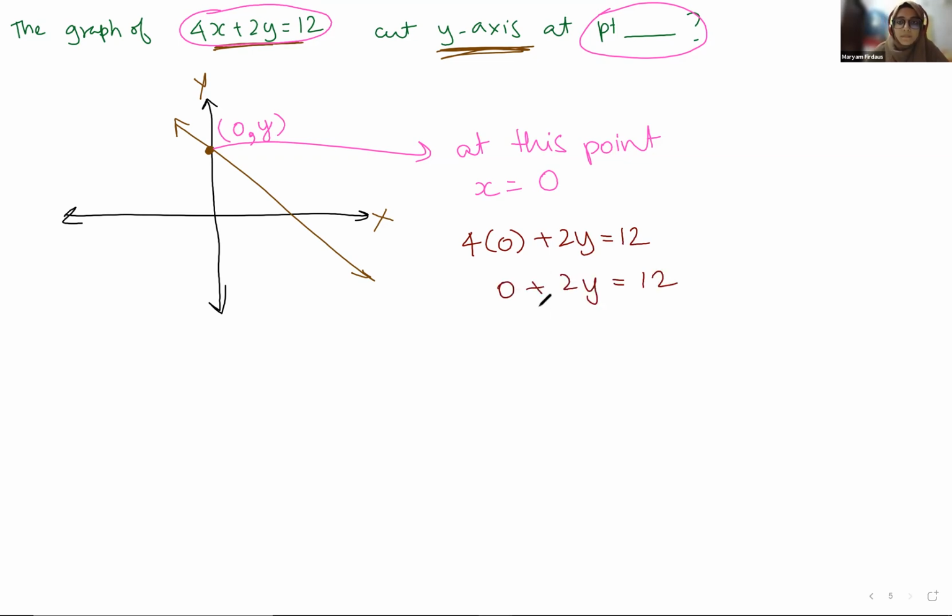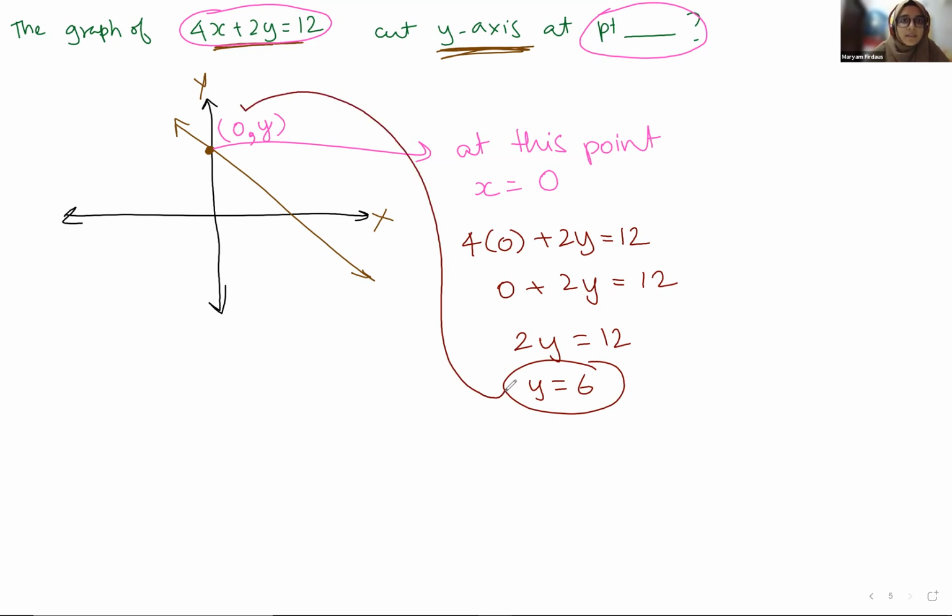Ma'am, then y is equal to 6. Right. So we have found out the value of y at this point. So what is the point now, Hamna? Ma'am, 0 comma 6. Very good, 0 comma 6. Is it clear? Yes, ma'am. Okay. Any other questions? Yes, ma'am. Okay.